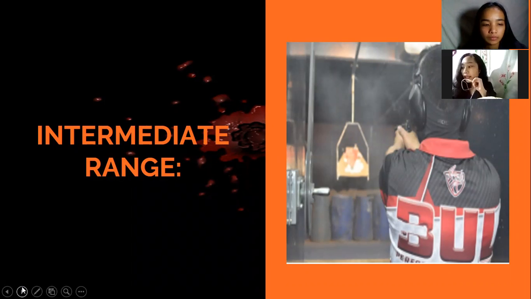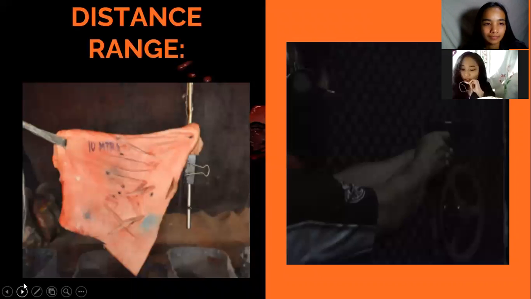Lastly, we have the distant range. Here, in distant range, the bullet was the only thing expelled from the muzzle that reaches the skin.